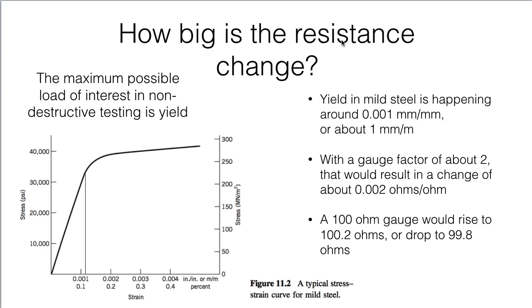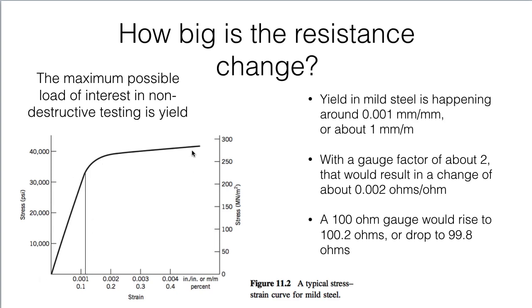So how big is that resistance change going to be? Well, the maximum possible load of interest in non-destructive testing is going to be when we would be getting up towards the yield strength of the material. We don't want to bend things permanently. So we're looking at only about 1 part in 1,000 change in the size of something. So very small changes in size.